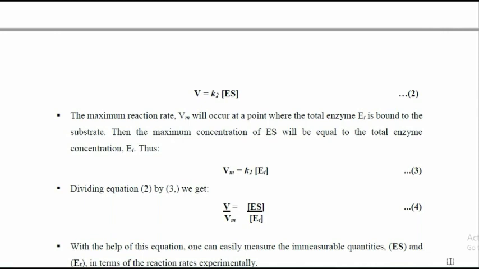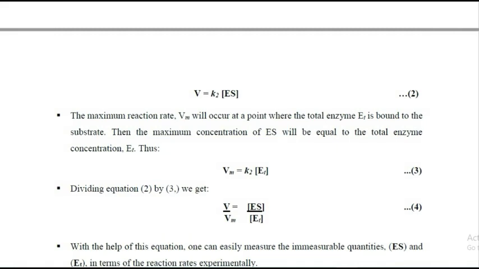If all enzymes in the container are occupied by the substrate, the product formed will be very fast. So that will be the maximum velocity. That gives us Vm equals K2 times the total enzyme used during the reaction.